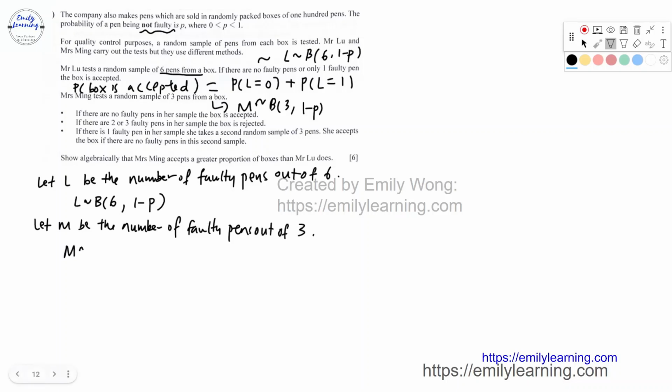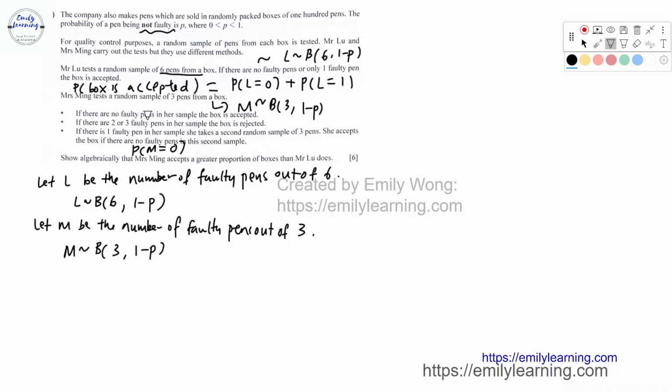So M takes binomial distribution 3, 1 minus p. So in order for Mrs. Ming to accept the box of pens, it must have no defective pens in the sample that's tested. So P of M equals 0.